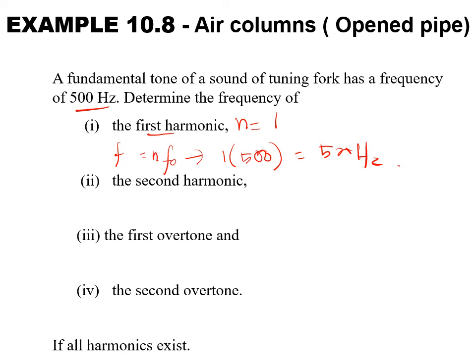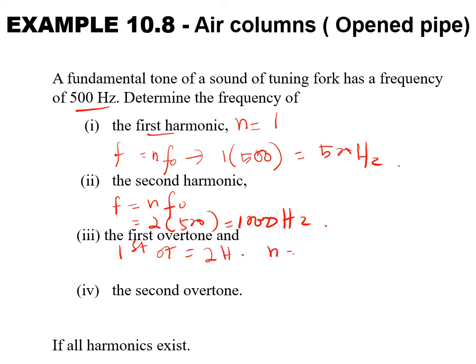for equation f equal to nf naught, 2 times 500, where 2 refers to the number of harmonics, so you'll get 1000 Hertz. However, the first overtone is equal to the second harmonic.